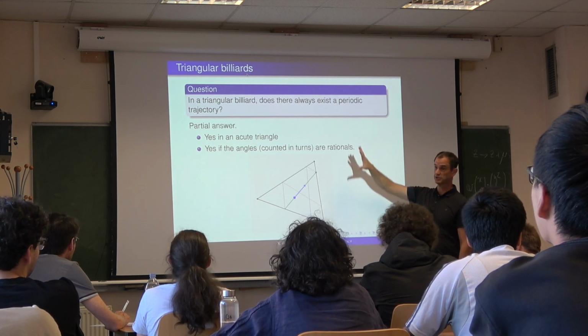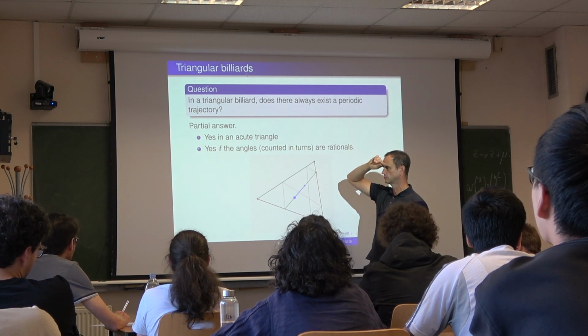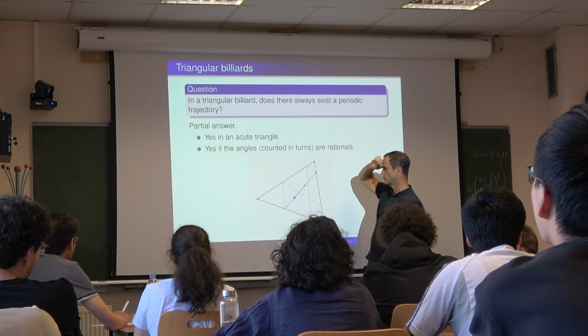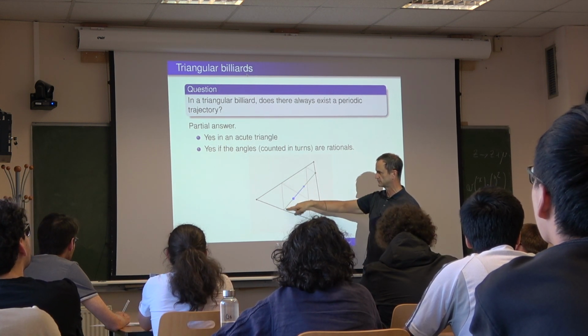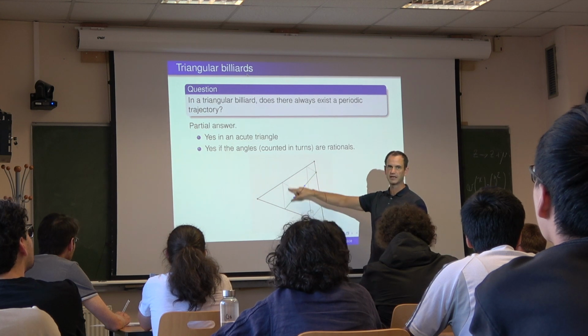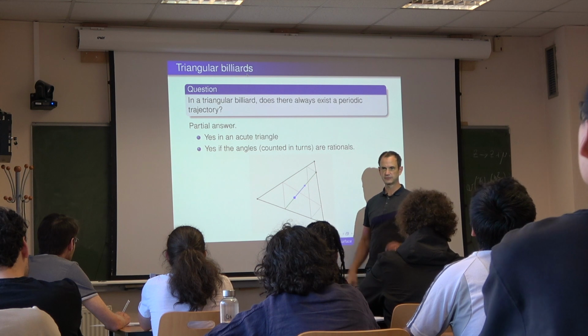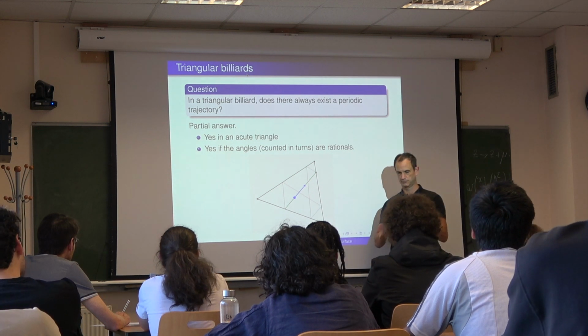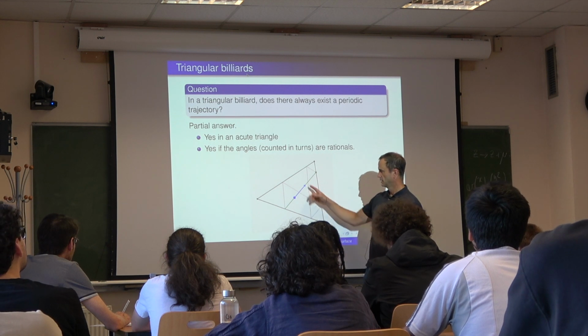So there are some partial answers. One that goes back to Fagnano a long time ago. If you try to draw a triangle within this one, and you try to minimize its perimeter, there is a very particular place where you minimize the perimeter.